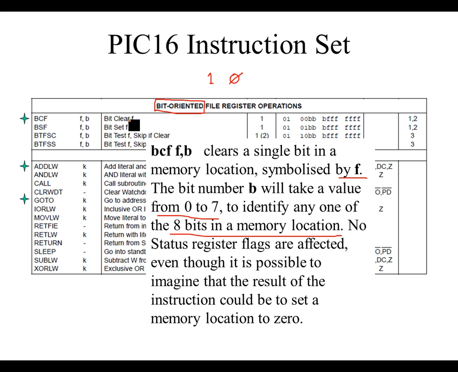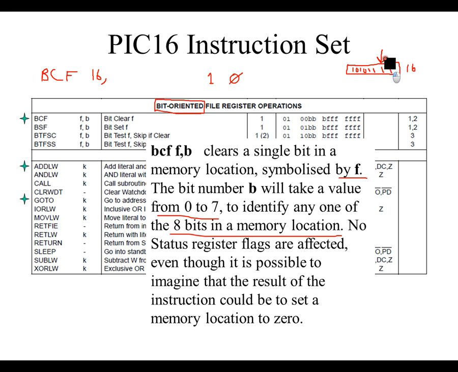So what that means is if we want to bit clear memory address location 16, we need to tell it which bit. If you look over here, memory location 16 has 8 bits inside of it, and you have to tell it which one of these bits you want to clear, because this instruction doesn't clear the whole entire byte. It only clears one bit.